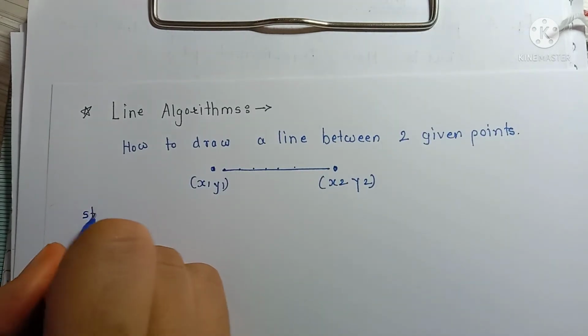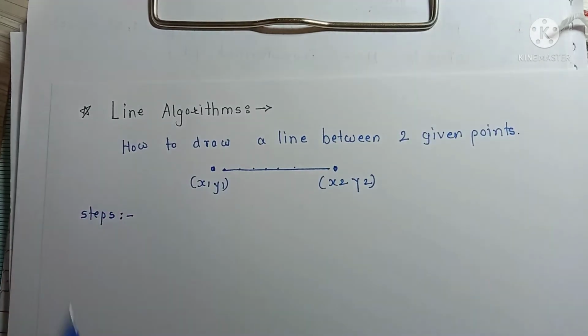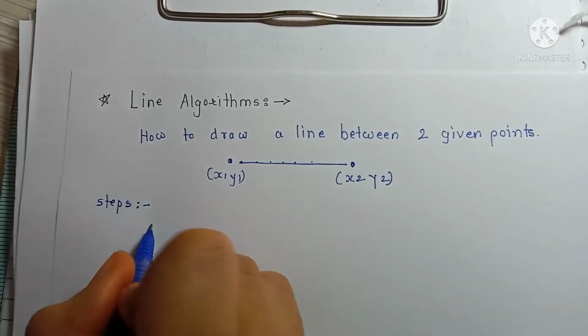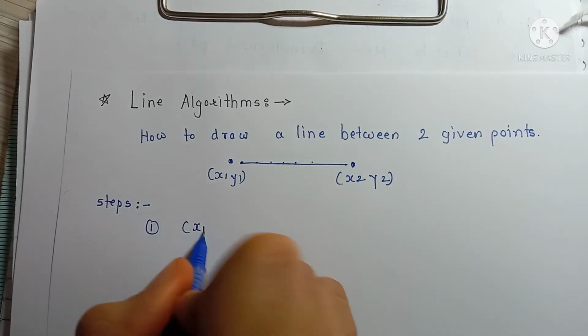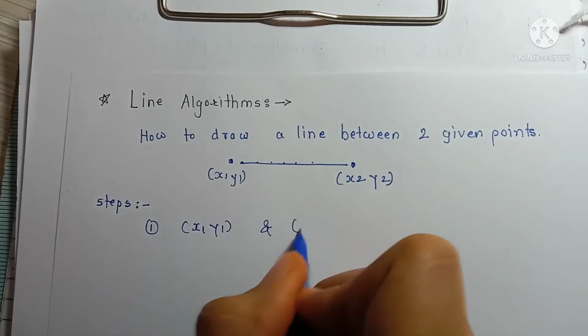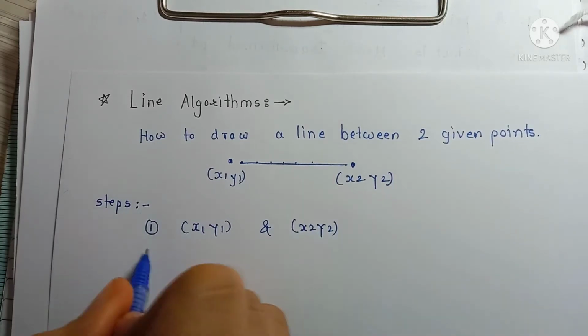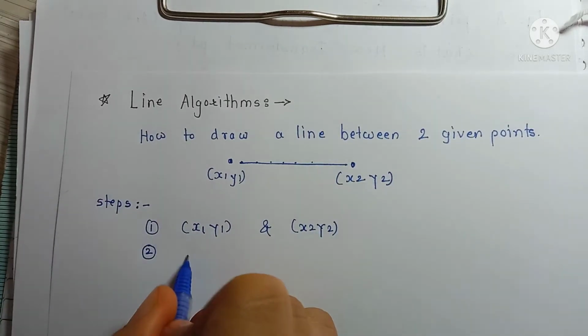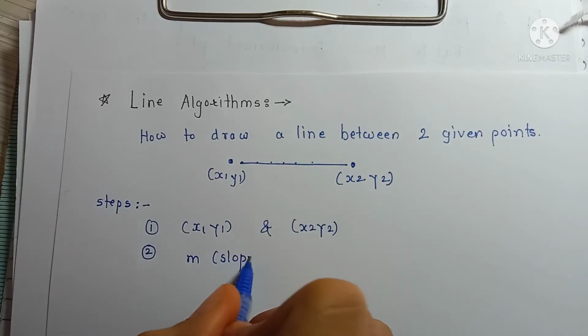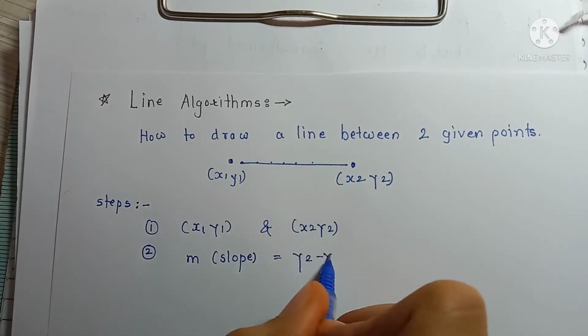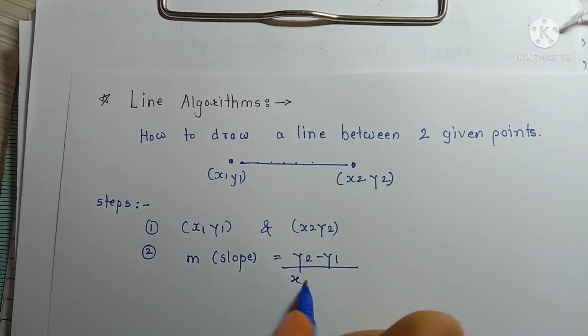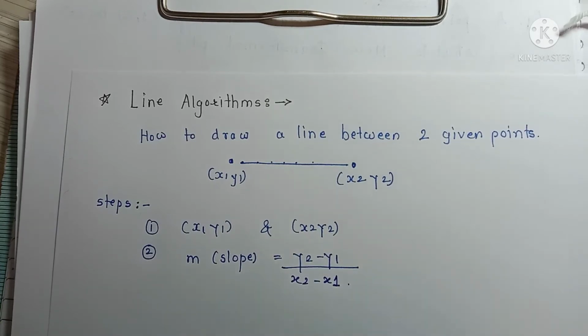The basic steps which are common for all the 5 algorithms are: first, naming the points as x1, y1 and x2, y2. Second step is calculating the slope, y2 minus y1 upon x2 minus x1.